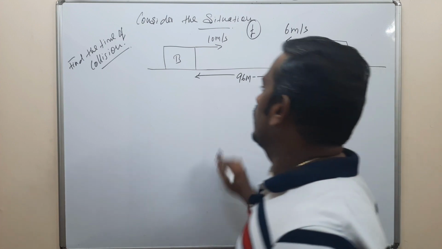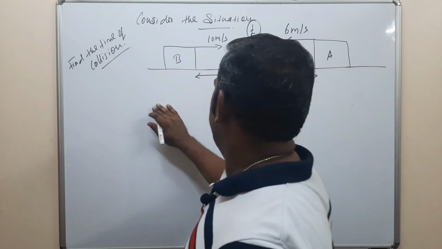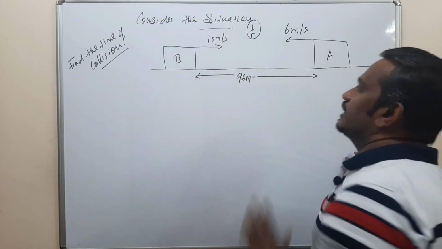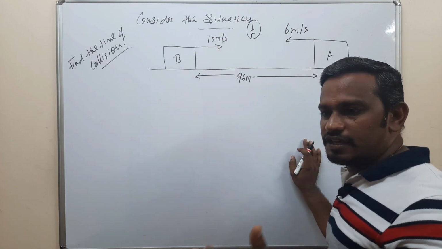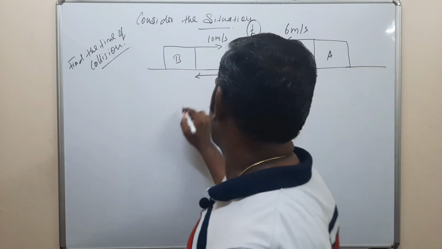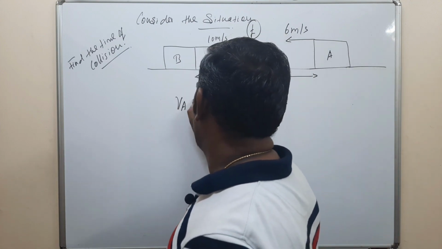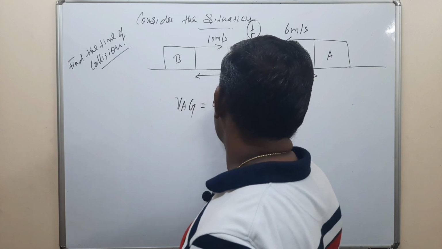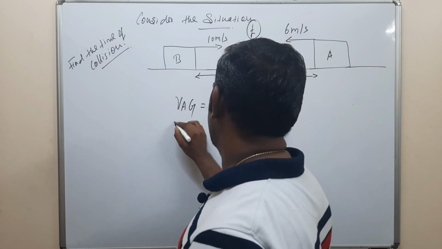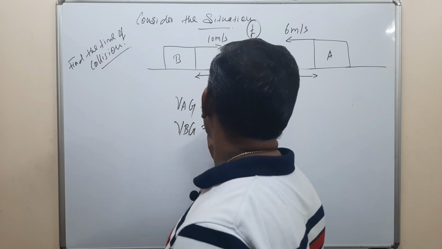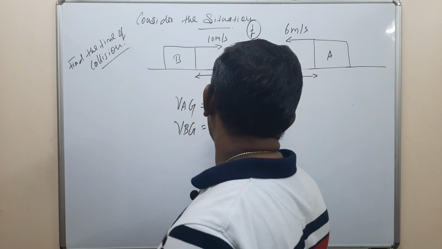So the speeds, that is 6 meters per second and 10 meters per second, are the velocities of these two cars when observed from the ground frame. Am I right? Ground frame. So velocity of A with respect to G is equal to 6 meters per second. Velocity of B with respect to the ground frame is 10 meters per second.